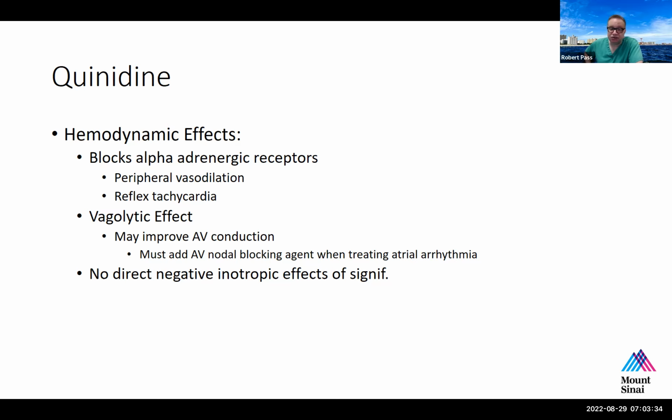And so the traditional or classic recommendation when prescribing quinidine, particularly for SVTs or atrial arrhythmias, is to add an AV nodal blocking agent when treating any atrial arrhythmia. And it is not known to have any significant negative inotropic effects.